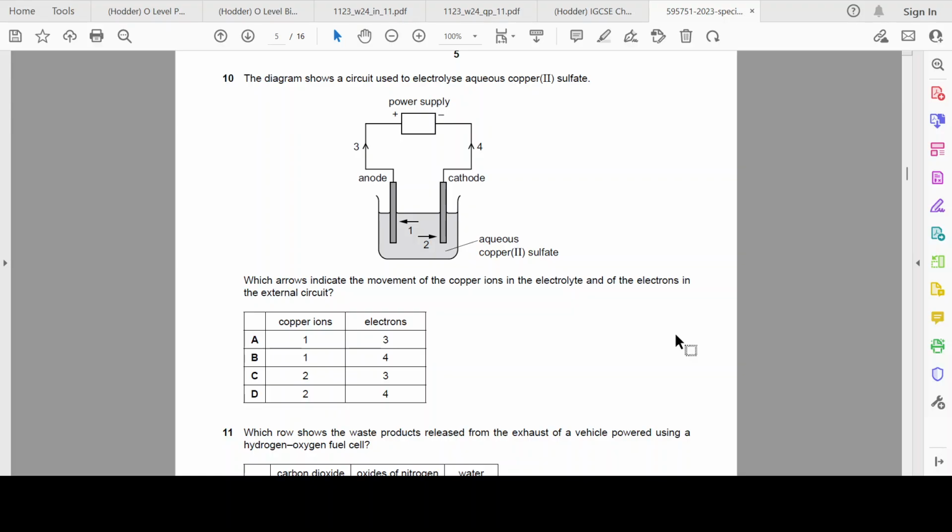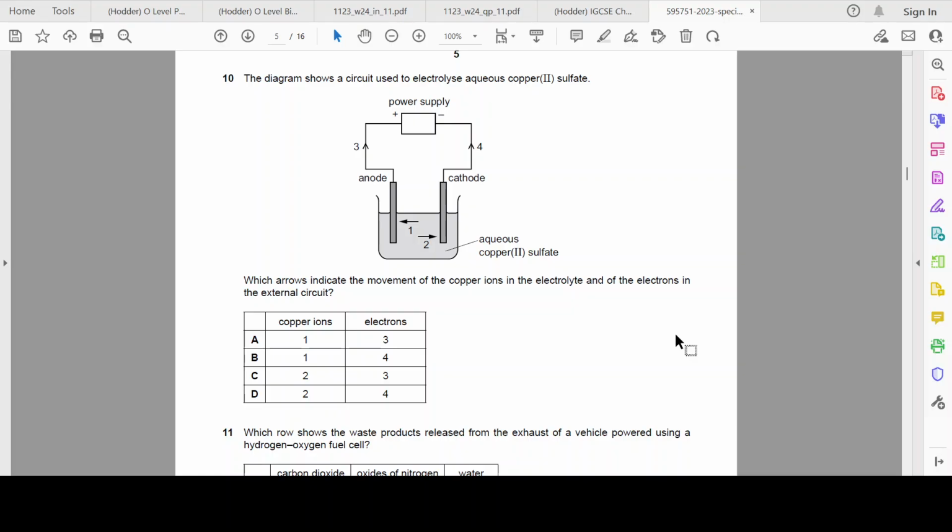Look, for the copper ions, we established that it's moving towards the cathode, so that's done. The cations will move to the cathode, so that's 2. The electrons in the circuit move from the negative to the positive terminal.